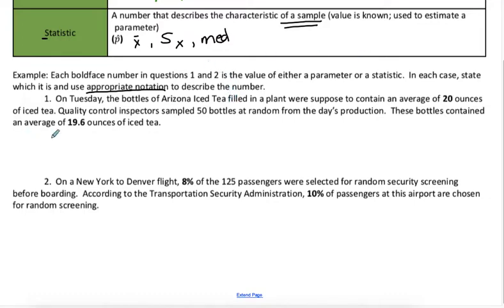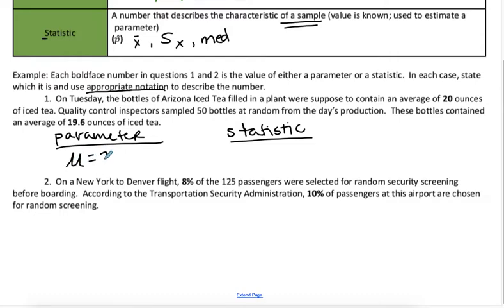All right, so we want to know what's the parameter and what's the statistic. Our parameter is looking at the average. We have an average here and an average here. When it says in the plant, these are supposed to contain 20 ounces, that's our parameter.